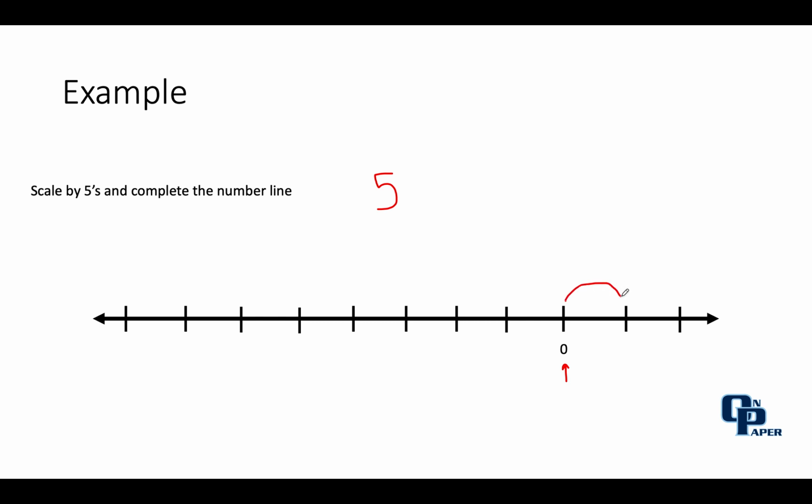If we want to make it easy, let's move to the right. And if we move to the right, we need to, yes, add. So we're going to add 5, which would get me 5. And then I'm going to add 5 again because I'm still moving to the right. So then 5 plus 5 will get me 10.